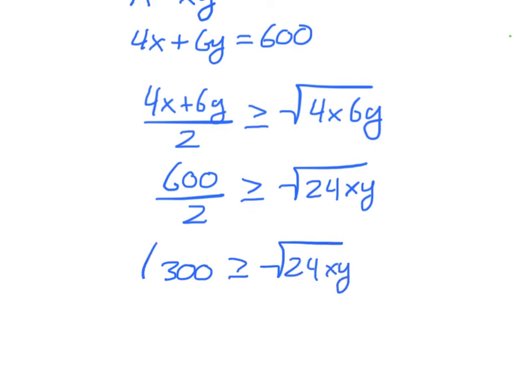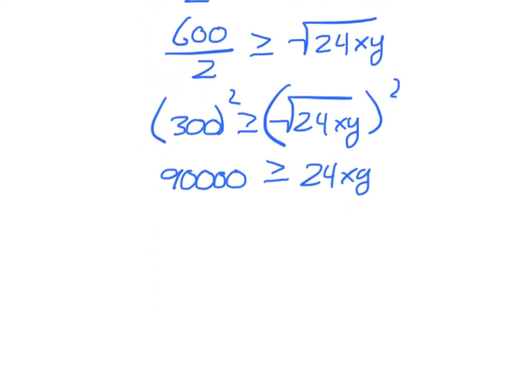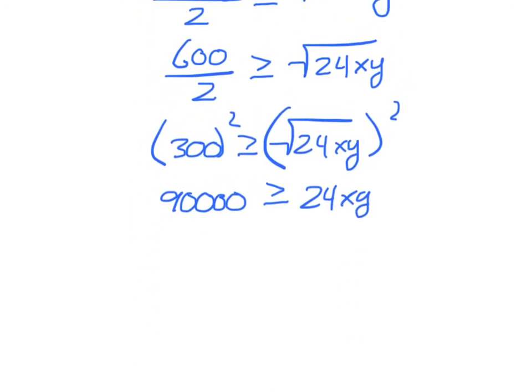And now I can square both sides, and I get 90,000 is greater than or equal to 24 times xy, and therefore, dividing both sides by 24, I have 3,750 is greater than or equal to xy.